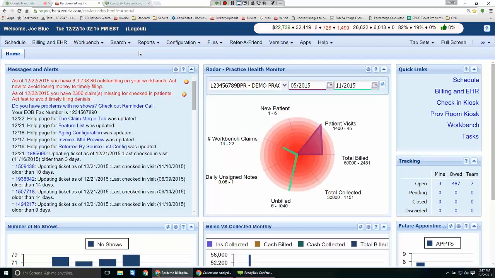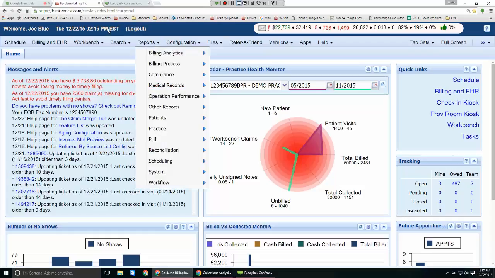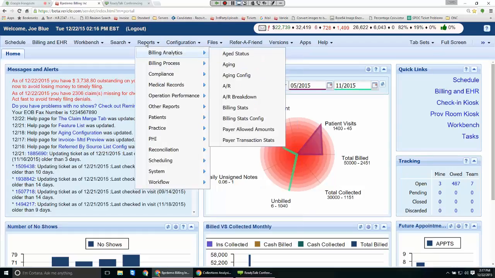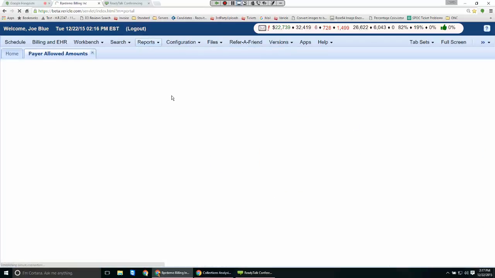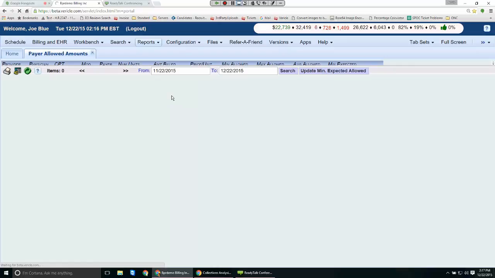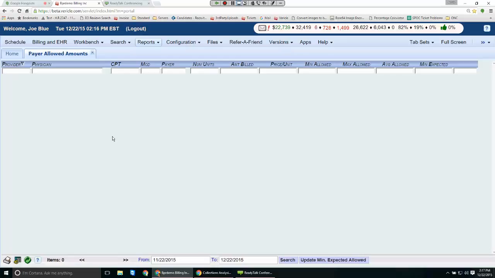There's no way you can trust an employee to go look at this. And so we want to show everybody the first step here in solving the problem of getting underpaid on visits, and it's called Payor Allowed Amounts. All right, it's coming up here. So in this particular report and configuration, we're able to see three things.